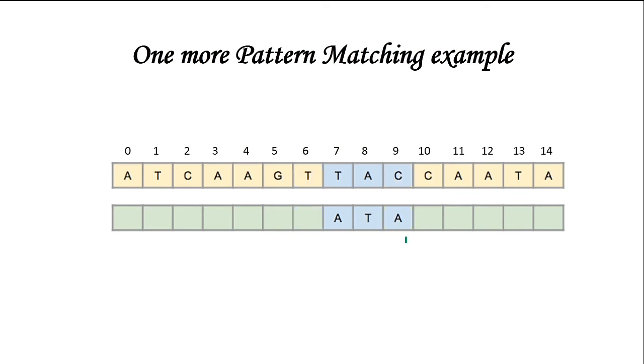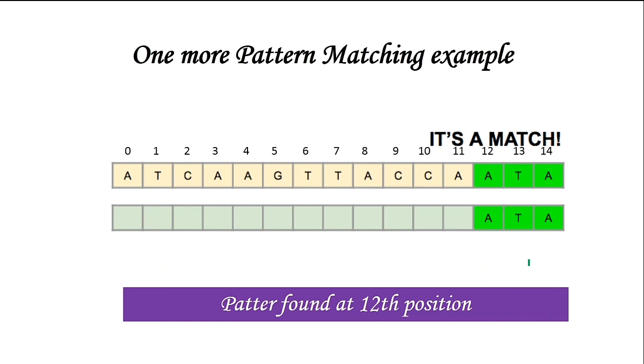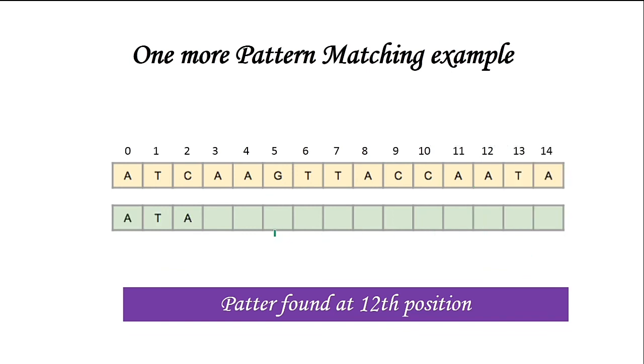Now when you reach ATA, this position, it will stop and it will display pattern found at 12th position. So this is how you are going to do the pattern matching using the brute force technique.